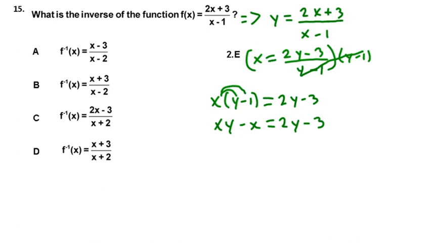And now to solve, we're going to put everything with y on the left side by subtracting 2y from both sides, and everything without y to the right side. So we're going to add x to both sides of this equation. When we do that, negative x plus x cancel on the left side, 2y minus 2y cancel on the right side, and left over we have xy minus 2y. That would be equal to x minus 3.